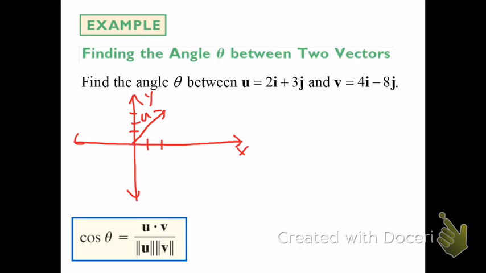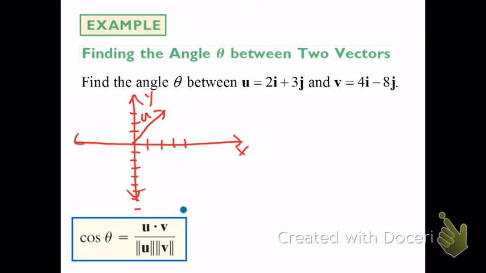And we have a vector v of 4, negative 8. Leave myself enough space, hopefully. 2, 3, 4, 5, 6, 7, 8. Okay. And so horizontal component of positive 4 and negative 8 for the vertical component. So our point down here, I'm going to make it a little bit larger. There we go.